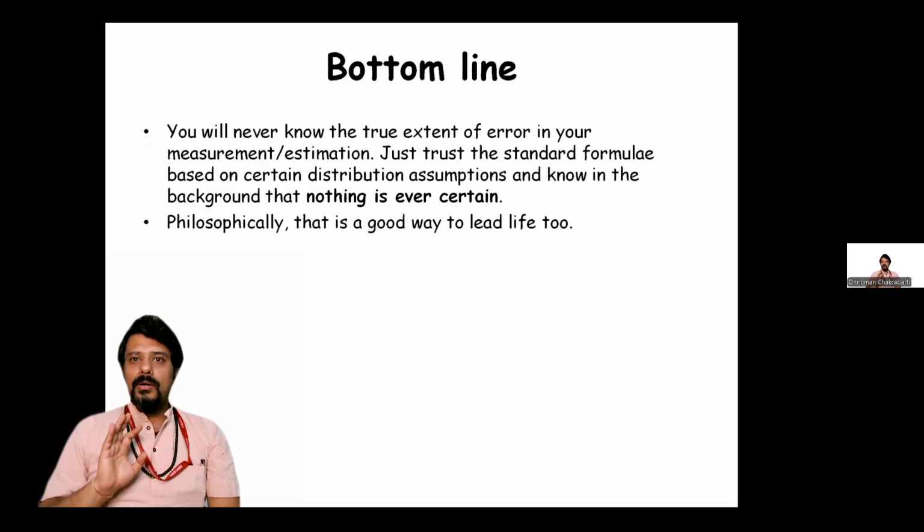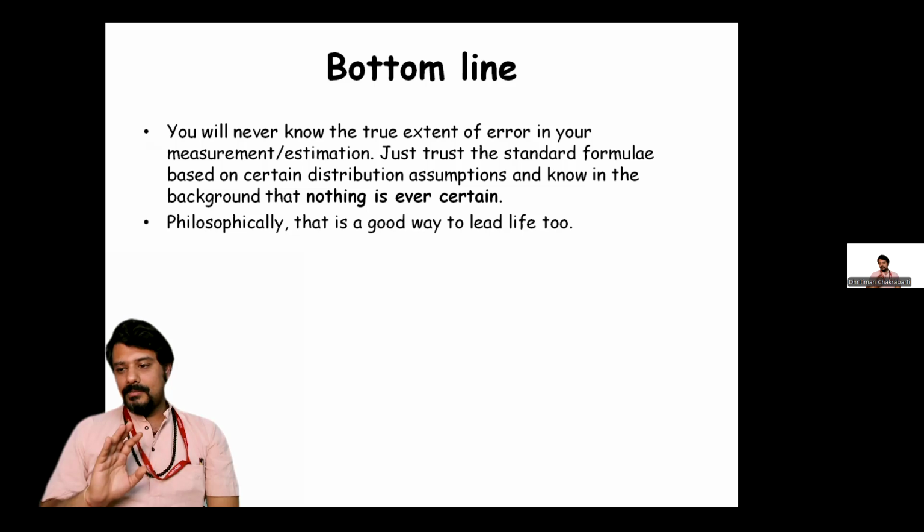So just be okay with knowing that whatever you're estimating is going to have a lot of errors in itself, and you just have to try and show that you did your study well, and whatever your uncertainty was, that you have tried to reduce it as much as possible by taking care of systematic errors or biases, by improving your research design, and also by increasing your sample size and sampling effectively to reduce the dispersion within your data set, to reduce your standard error. These are the only two things that you will be able to do.